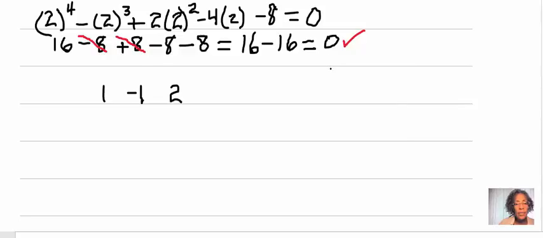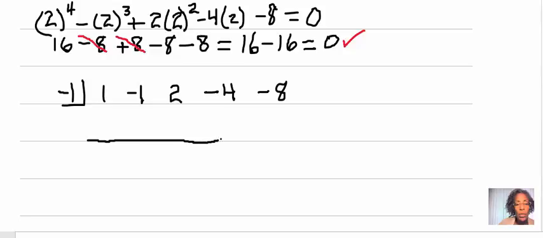So we fill in all the coefficients of the polynomial. If any terms are missing, you do need to put a 0 in that space. All right, now remember the first root was -1. And we're just going to go through synthetic division here.